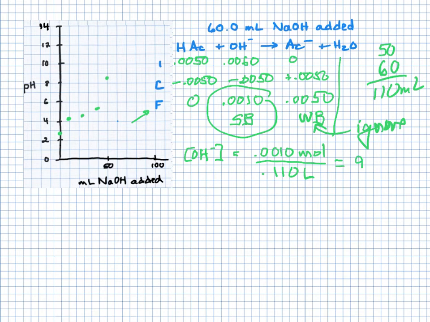So that's going to give me 9.1 times 10 to the minus 3 molar OH minus, so pOH is 2.04, and pH is 11.96. So at 60 milliliters, we're at about 12.